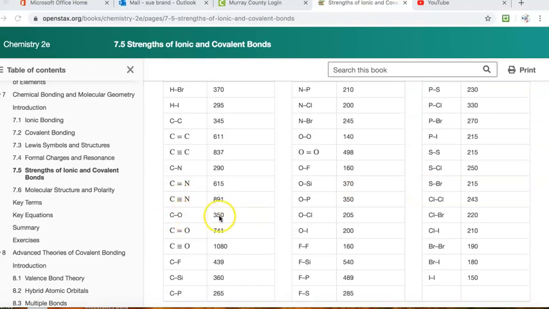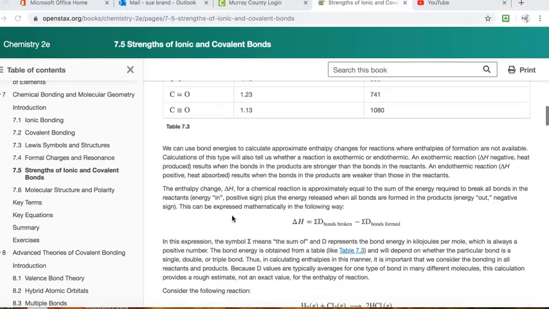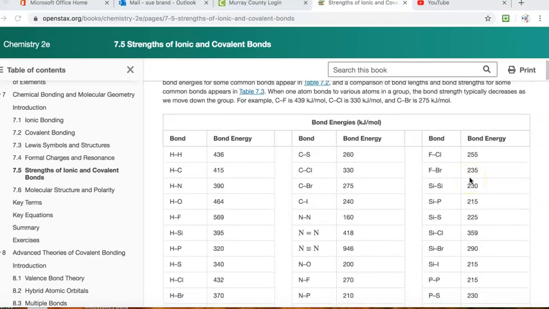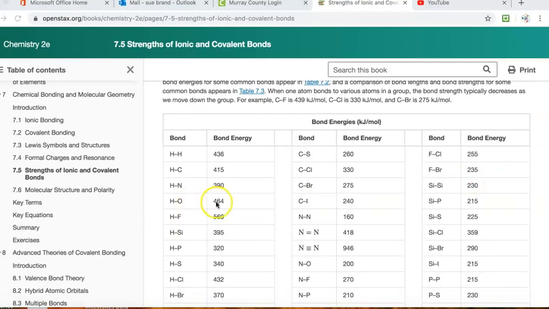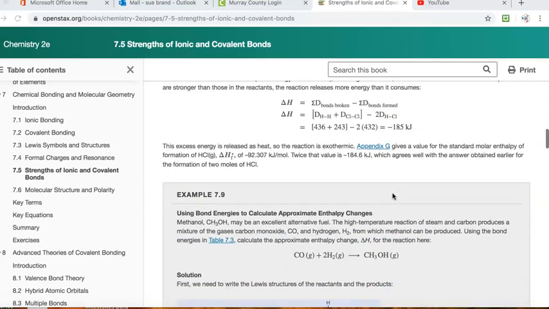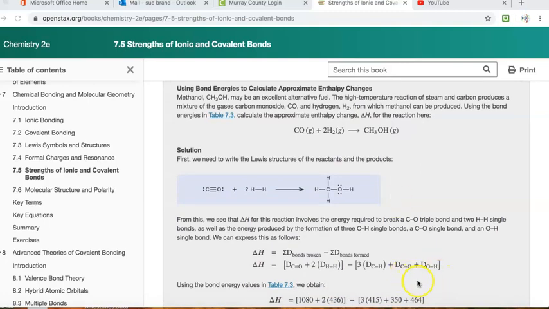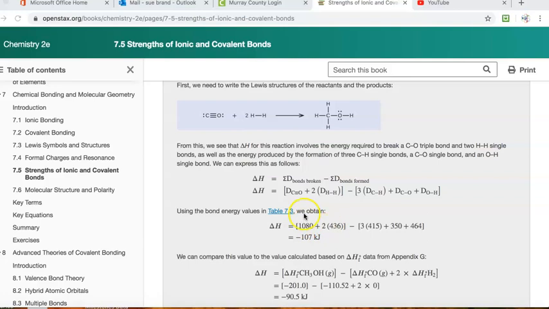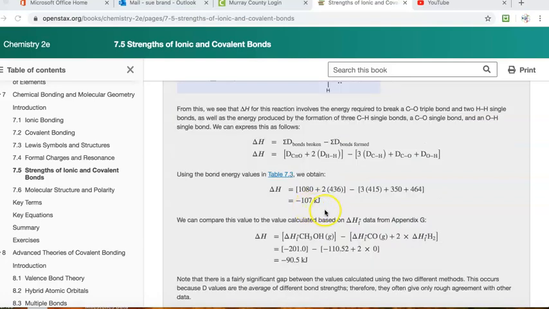The carbon-oxygen single bond is 350 kilojoules per mole, so plus 350, plus oxygen-hydrogen. The oxygen-hydrogen bond is 464 kilojoules per mole, so 464 kilojoules. All right, so we add up bonds broken and bonds formed, take the difference, and we get negative 107 kilojoules.